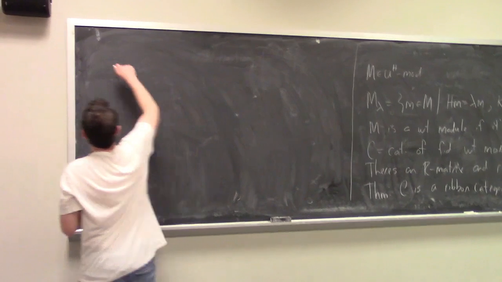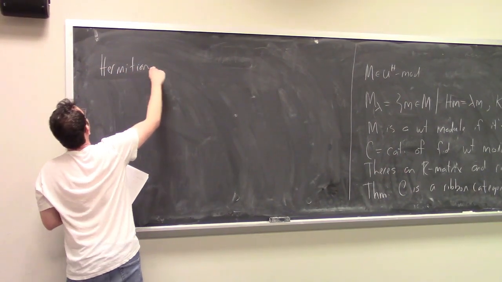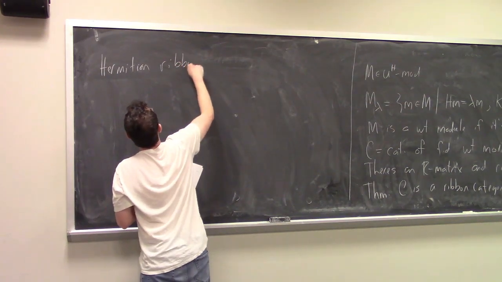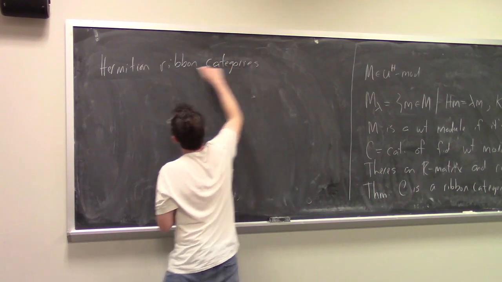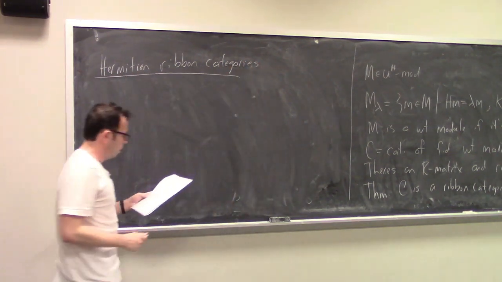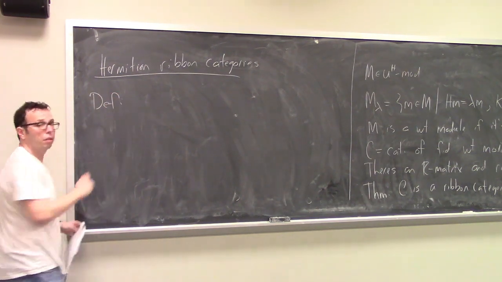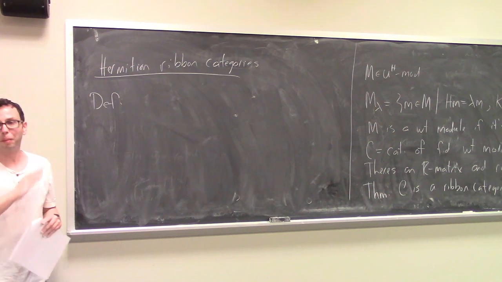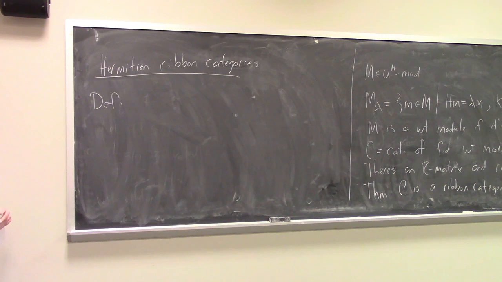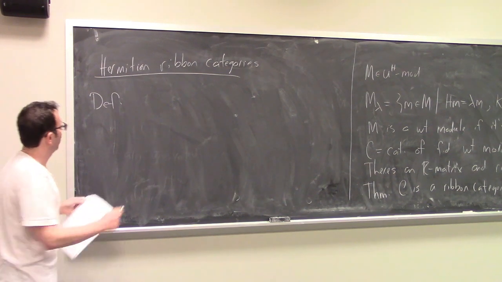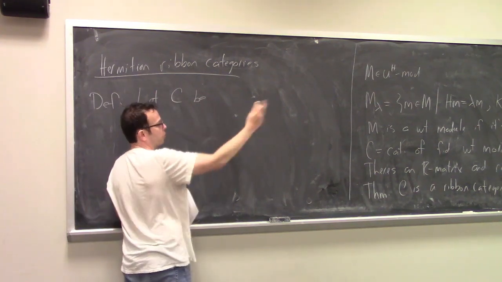Okay, so Hermitian ribbon categories. Definition. This is due to Turaev. I'll say at the very end the theorem that I was part of. So let C be a strict monoidal category.